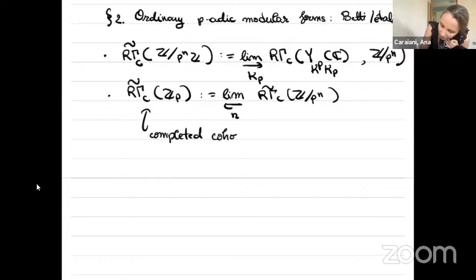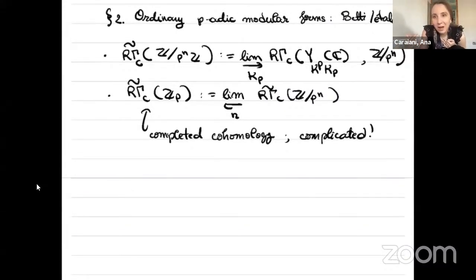So this object is called completed cohomology, and this is what was introduced by Emerton more than a decade ago now. And I guess it's quite a complicated object. For instance, since we're doing the modular curve, it sees the p-adic local Langlands correspondence for GL2(Q_p). It's something that makes sense whenever you work with any Shimura variety or even a locally symmetric space that doesn't have the structure of a Shimura variety.